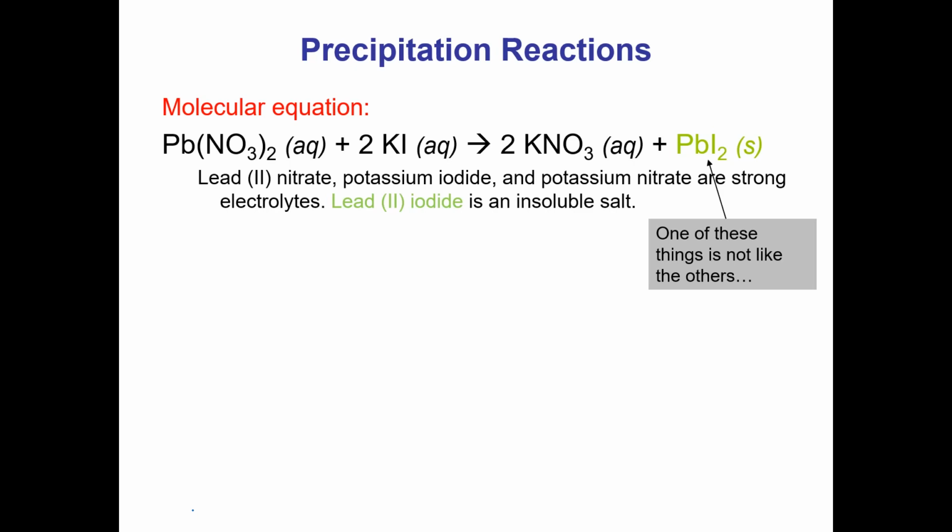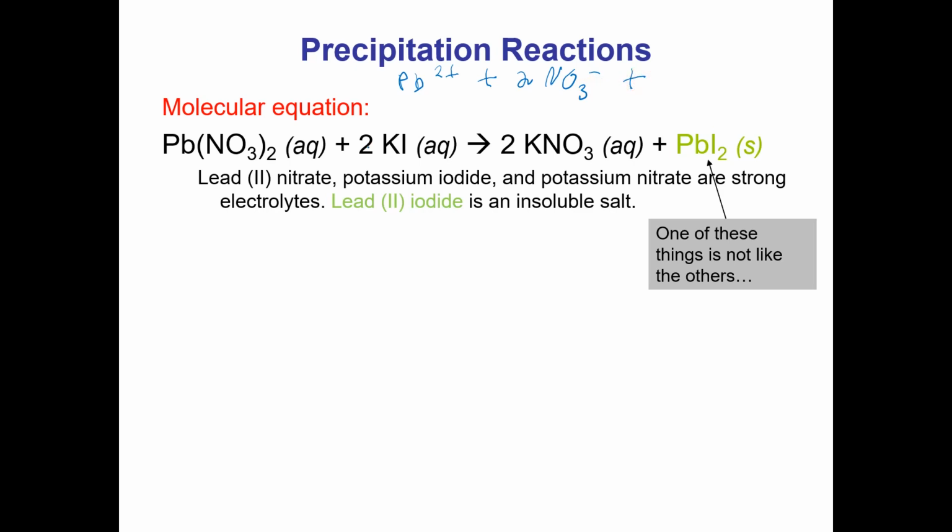So if we're going to write an ionic equation, nitrate has a negative charge and there are two of them, which means the lead has to have a 2 positive charge on it. And you do need to write the correct charges when you write ionic equations. So there are 2 nitrates, so that's where you get the subscript 2 here. When we write that in the ionic form, we put the 2 in front to show that there are 2 nitrate ions.